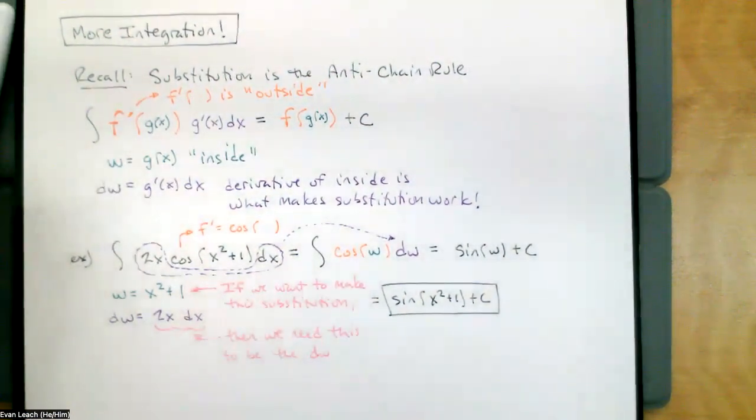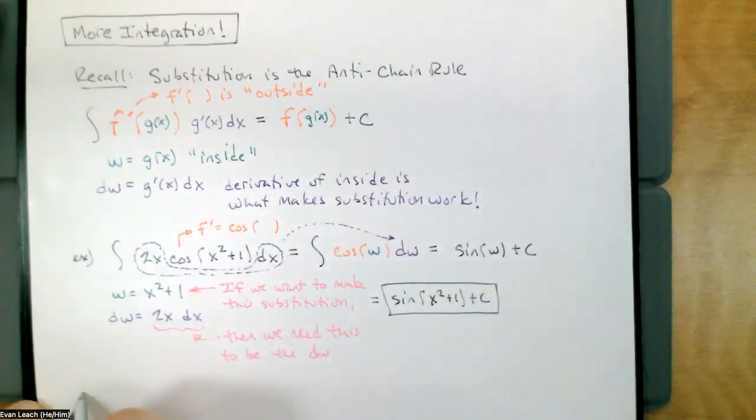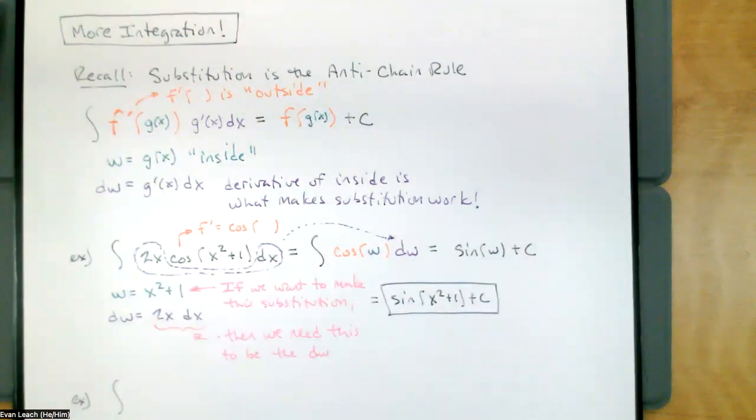The big question when you're doing integration by substitution is what's going to be my dw? That's what makes the substitution work. It doesn't need to be exact. It can be off by a constant multiple, but that's the biggest difference that we can have.